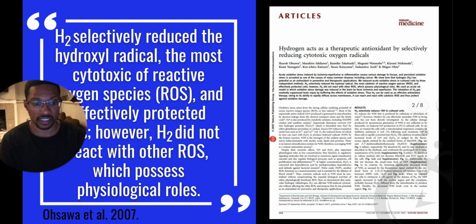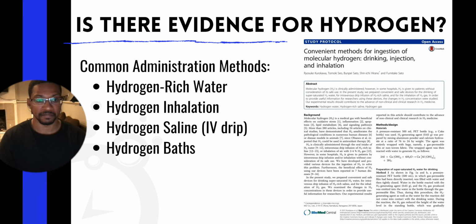However, H2 did not react with ROS which possess physiological roles. So basically, what that's saying is hydrogen reduced the most damaging free radical in our bodies. It reduced the levels of it, and it did not affect the other beneficial free radicals that our bodies need, which is super important. It means hydrogen is selective, or another word for it would be a selective antioxidant, and we're going to go through that.